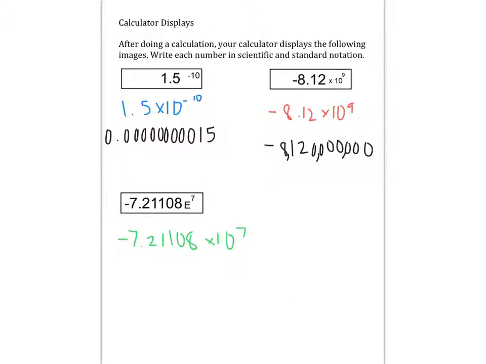Written in standard form would be negative 7.21108, and so if I move that decimal over 1, 2, 3, 4, 5, I need to still add 2 zeros. So this would be negative 72,110,800. So again, that represents scientific notation, that E, short for times 10.